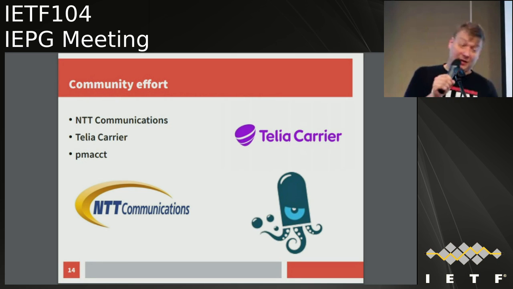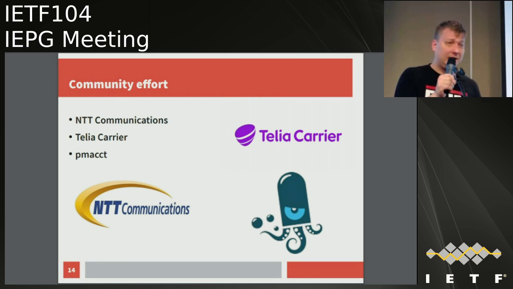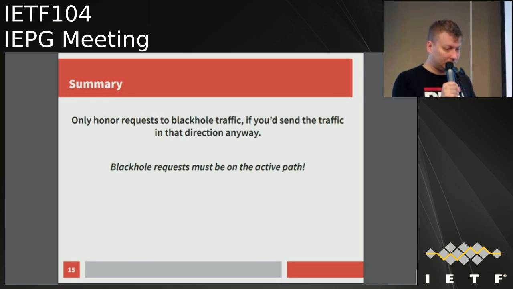This is a community effort. At this moment in time, NTT Communications and Telia Carrier are working towards implementing this method in their networks. And pmacct is the validation software. And we hope that in May, we'll have something to publish and for others to work with.